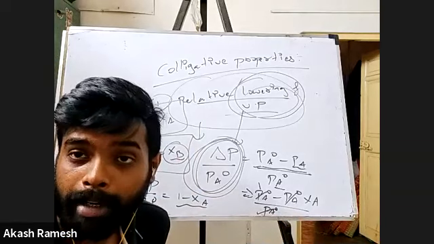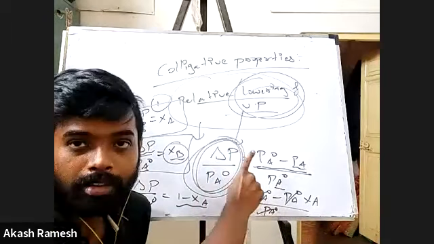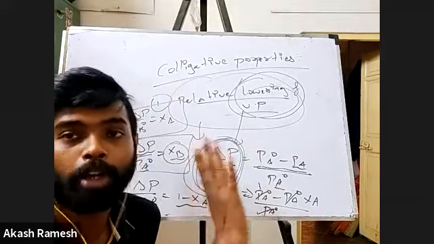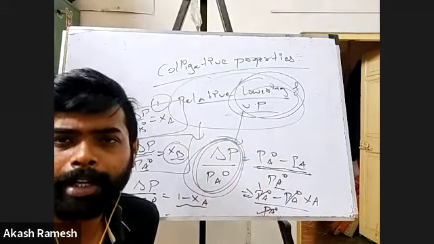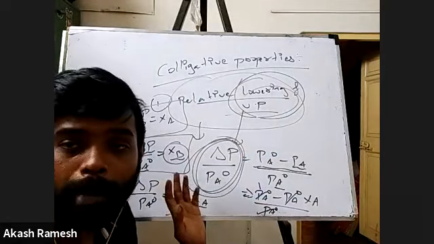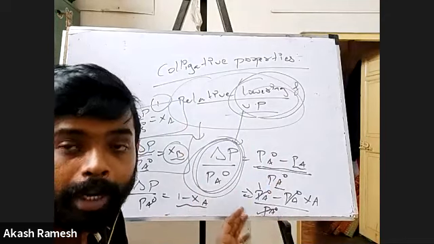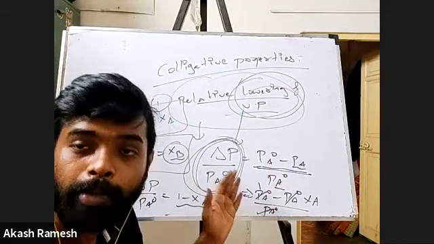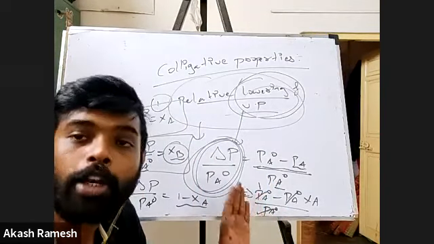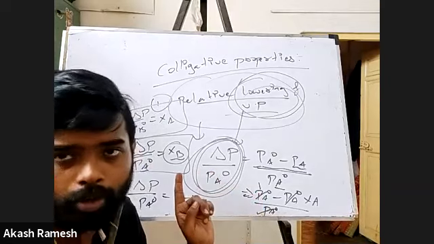Any problem on lowering of vapor pressure can also be solved with the help of Raoult's law itself. This is only for you to know. If a problem comes from this area, all you have to do is use Raoult's law, and you will get the same exact answer.